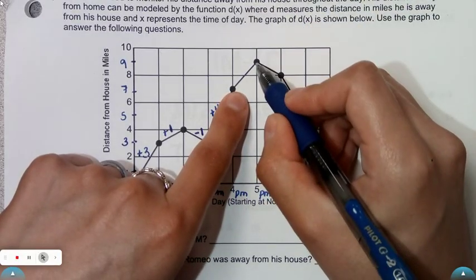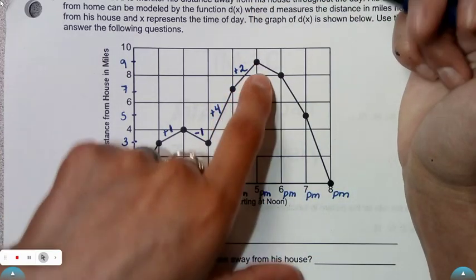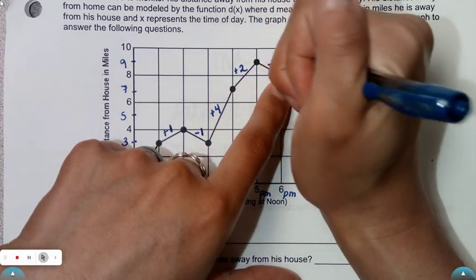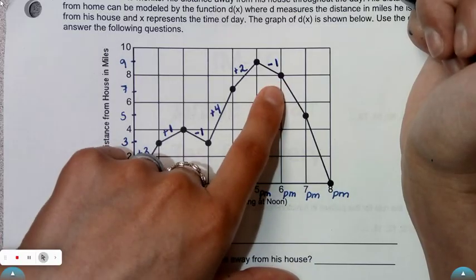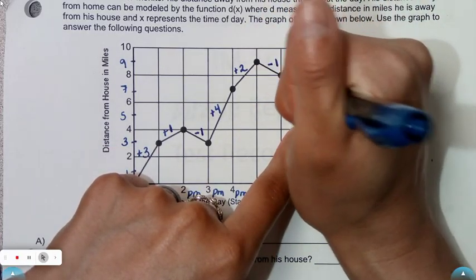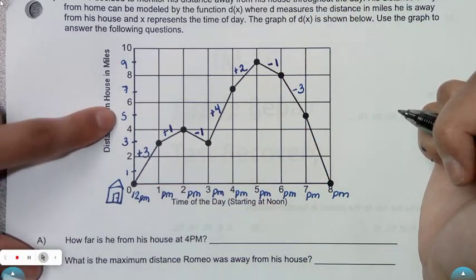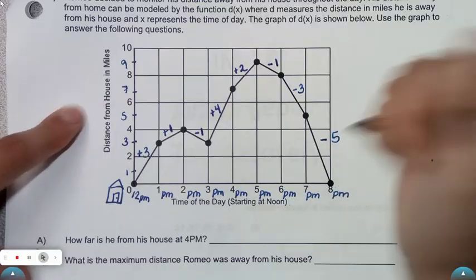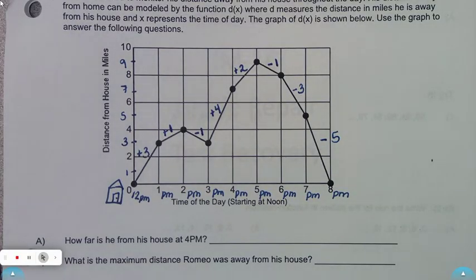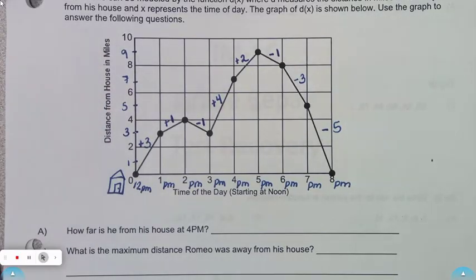To go from 7 to 9, that's an increase of 2. To go from 9 to 8, decreasing 1. From 8 to 5, decreasing 3. And from 5 to 0, it's minus 5. I think that'll help us later on when we are answering some of the questions.